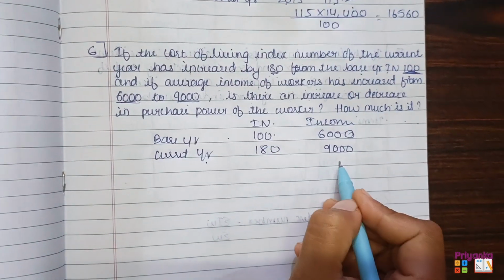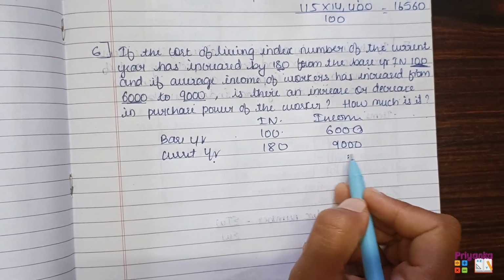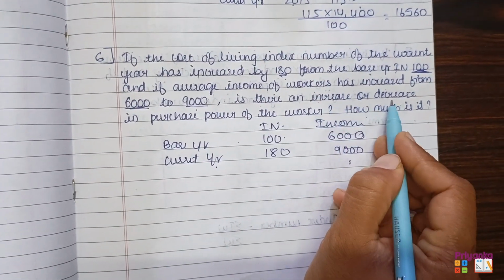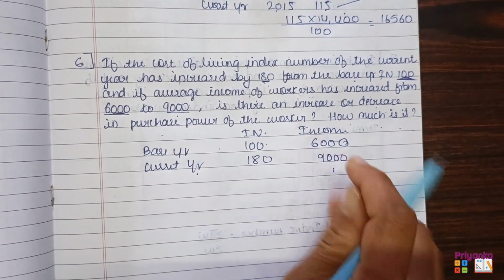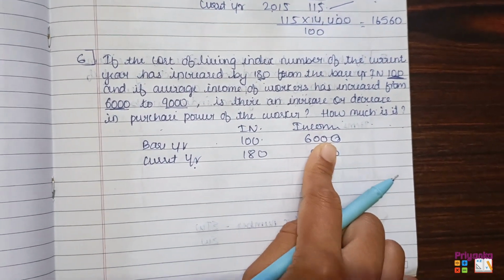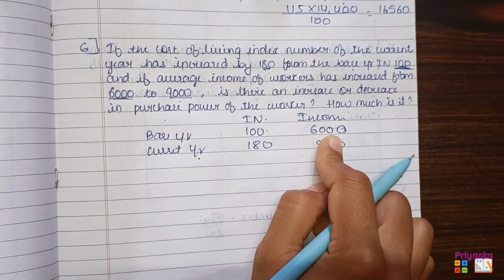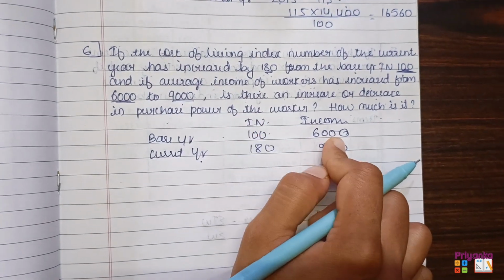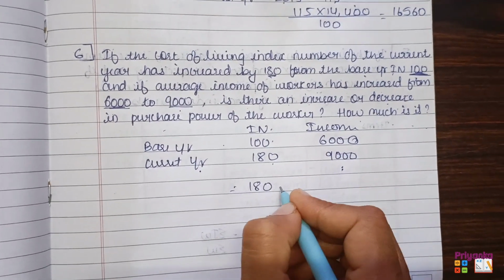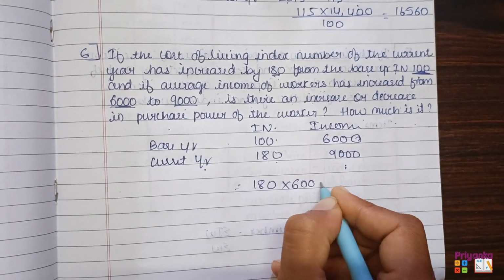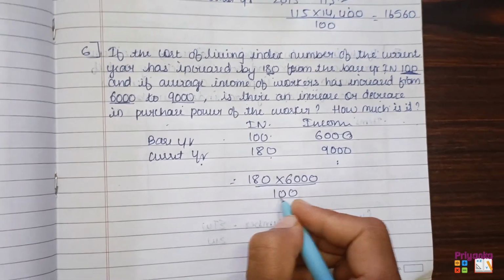Now we are going to compare whether the worker's income has increased or decreased as per the purchasing power of the workers. For this reason we will just hide this, and here you can see the equation: 180 multiplied by 6,000 divided by 100. Let's find out, as per the cost of living index number, whether their purchasing power is increased or reduced.